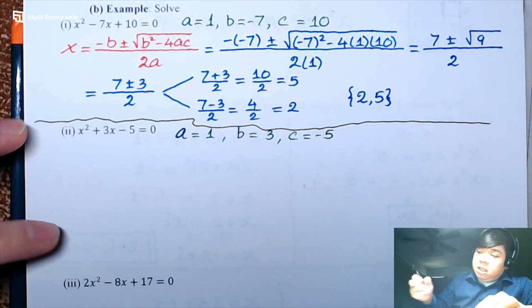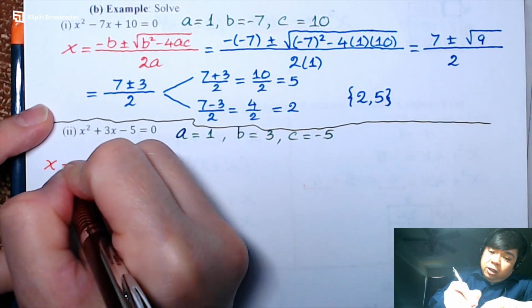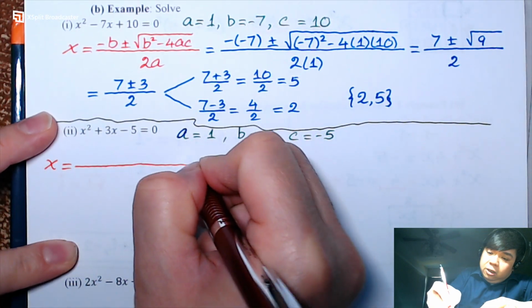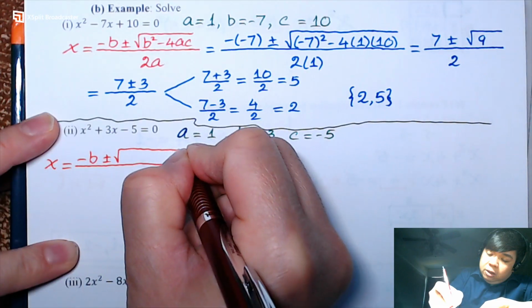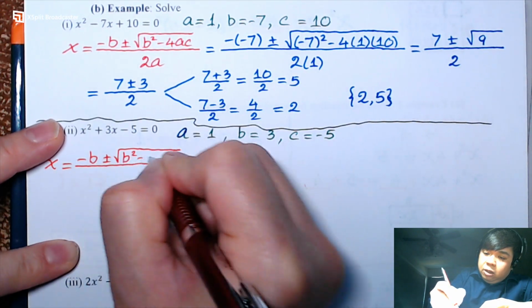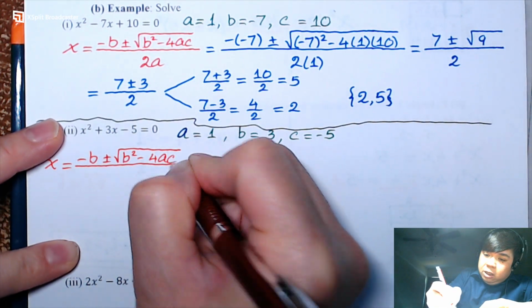Okay, so we have a, b, and c. The solution is negative b plus or minus square root of b squared minus 4ac, over 2a.